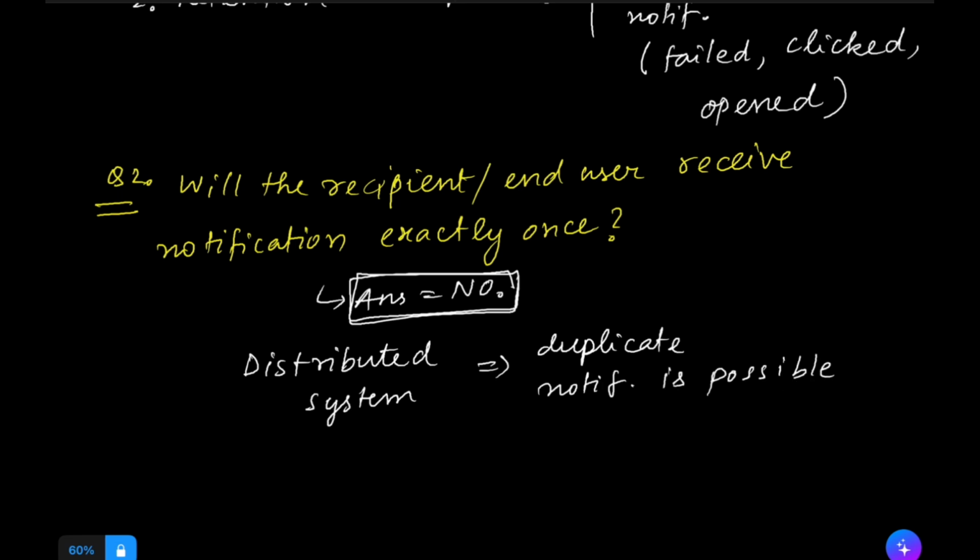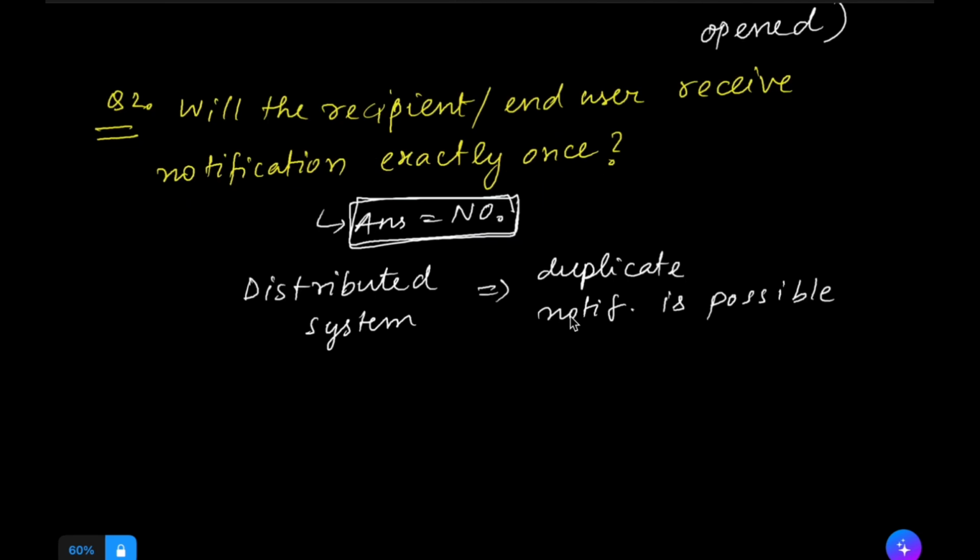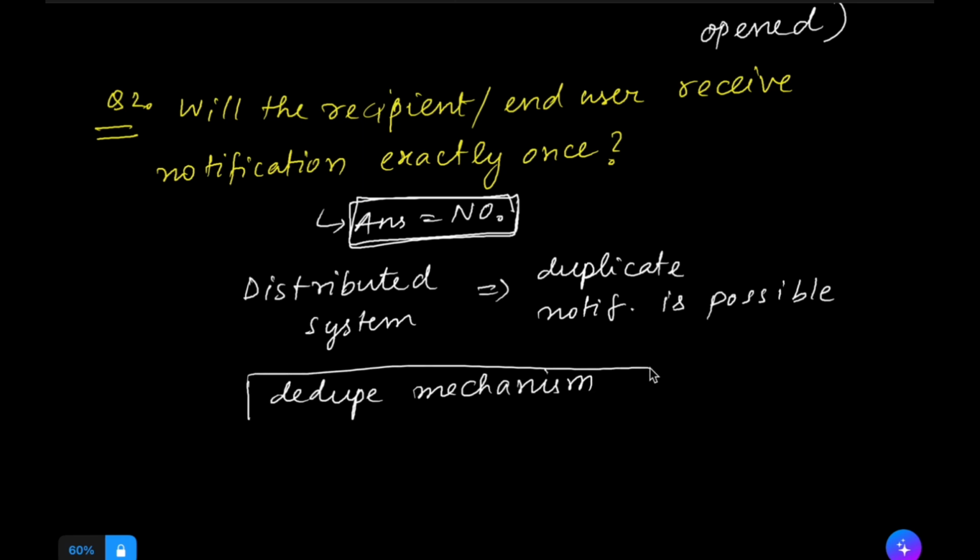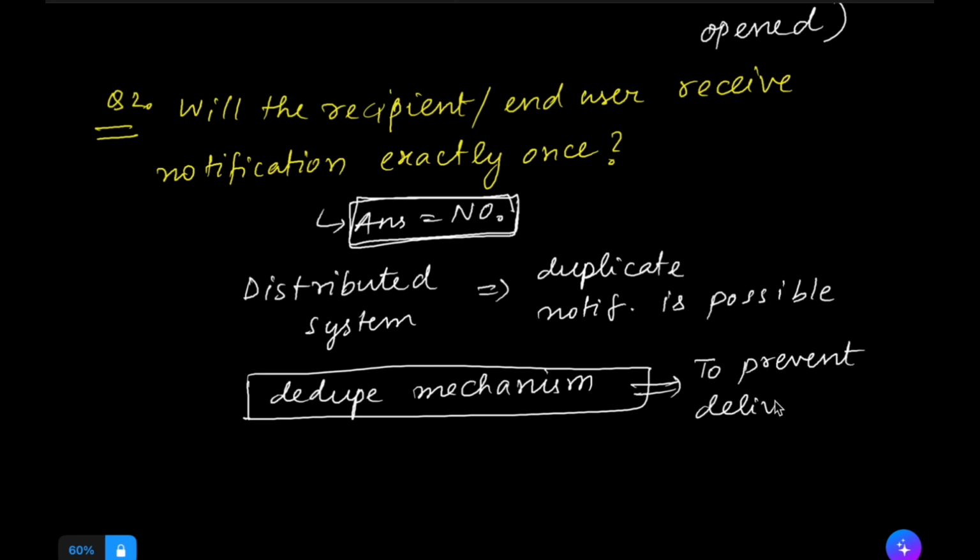To prevent this, we use a dedupe, or deduplication, mechanism. You can read more about the dedupe mechanism; I'll post a link in the description, and you can go through the article. This mechanism is used to prevent delivery of duplicate notifications.